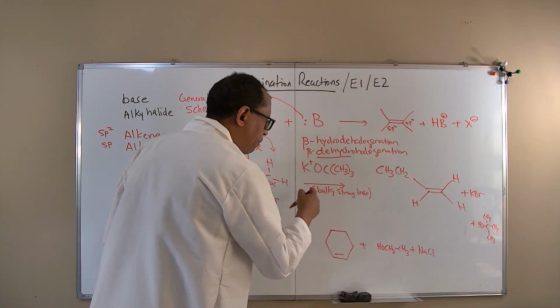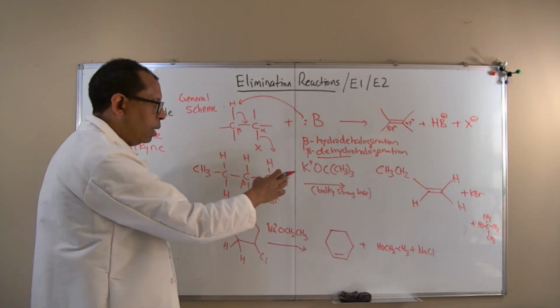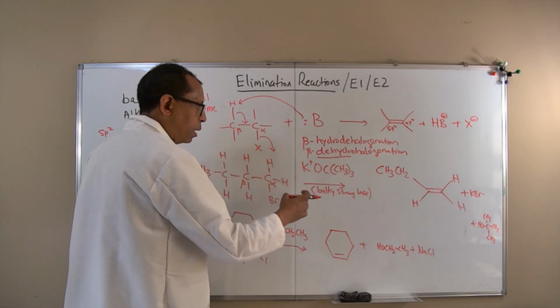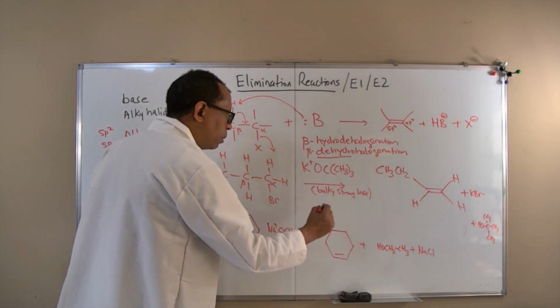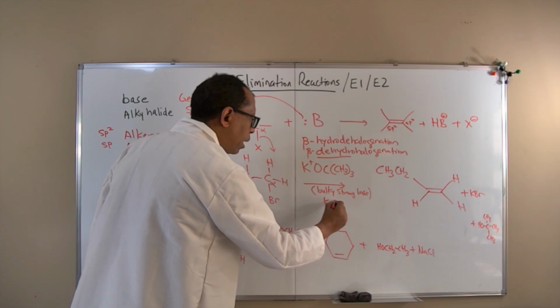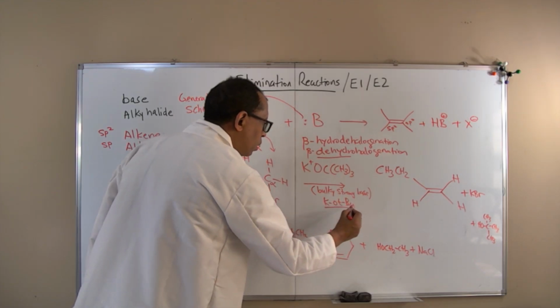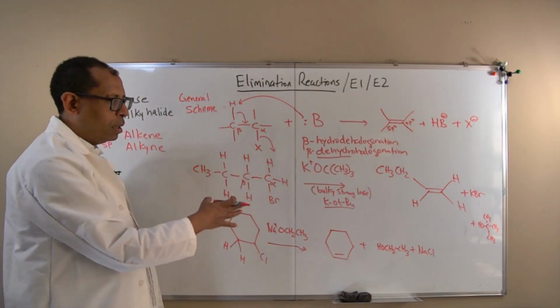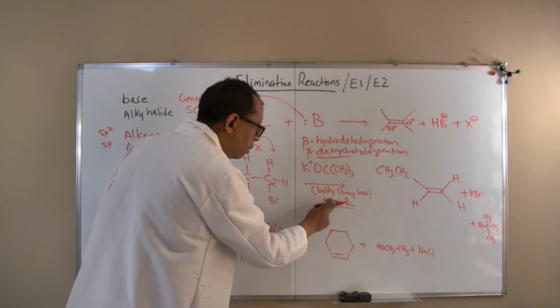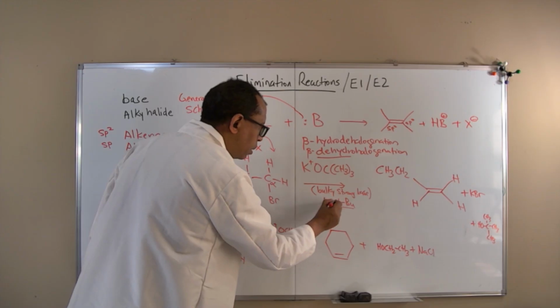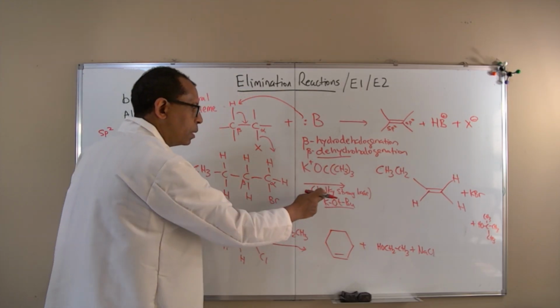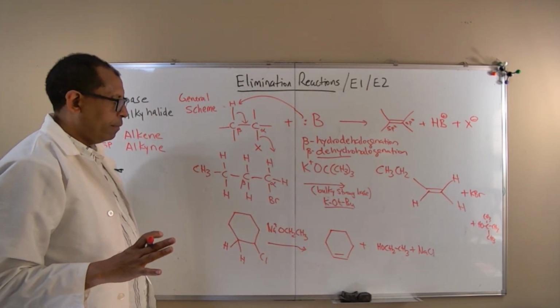We will often use this term, potassium tertiary butoxide, or sometimes we put it as KOtBu. In your text you might also find it written as KO tertiary butoxide. So we have a very strong base.